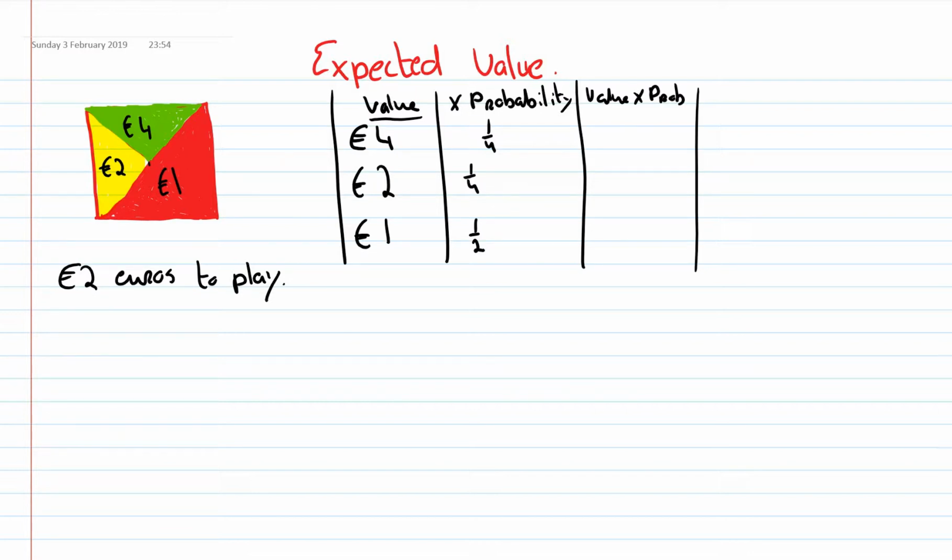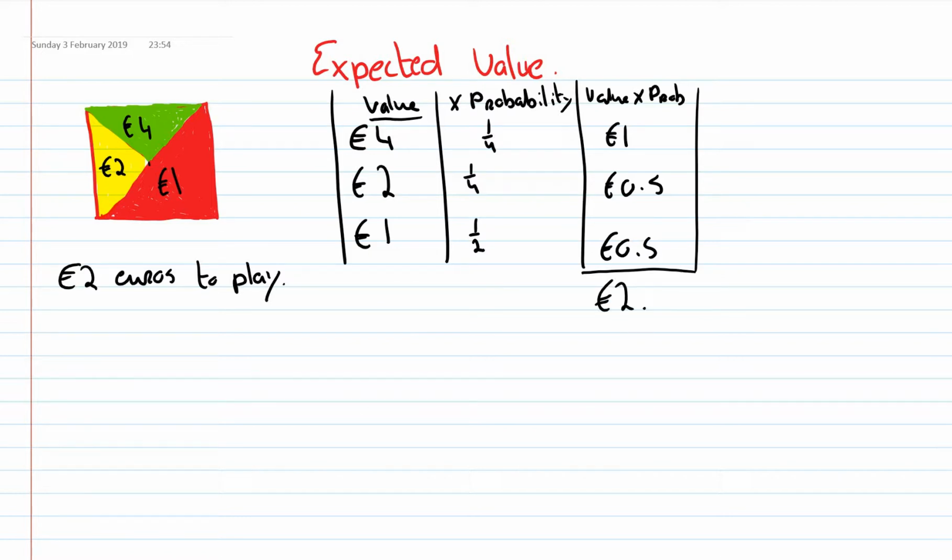So 4 multiplied by a quarter is €1. Sorry, 2 multiplied by a quarter is 50 cents, and 1 multiplied by a half is 50 cents. The last thing I do is I add up all these values and I get €2.